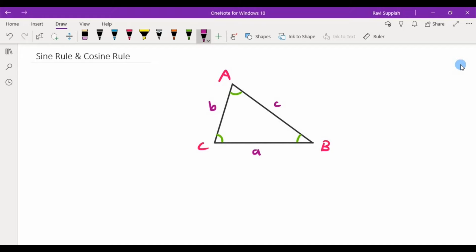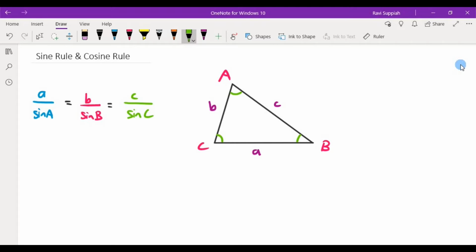All you do is relate the angle with the side that is opposite it. So what you have is a over sine A equals b over sine B, which equals c over sine C. You can also write this expression with the angle on top and the side below.